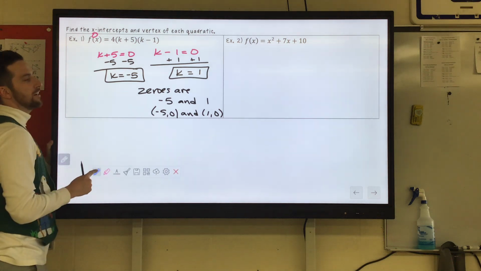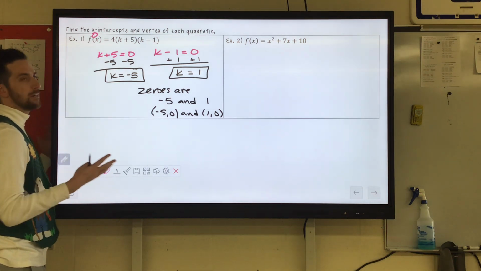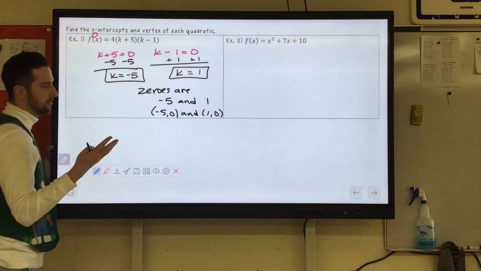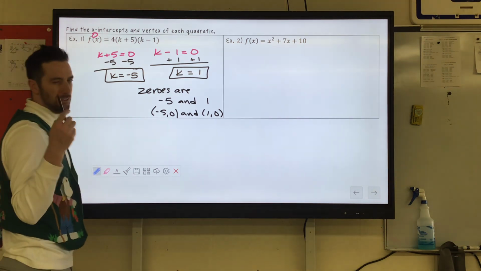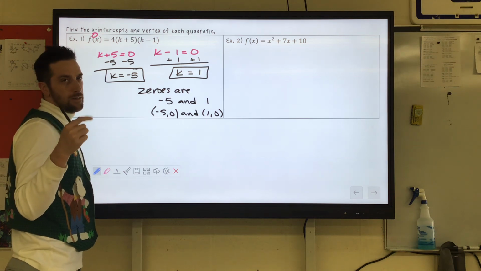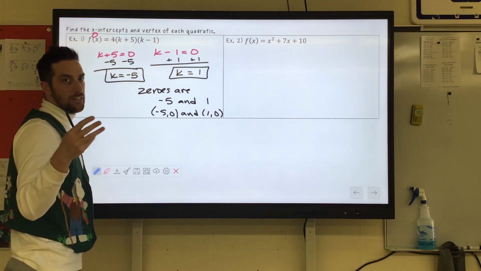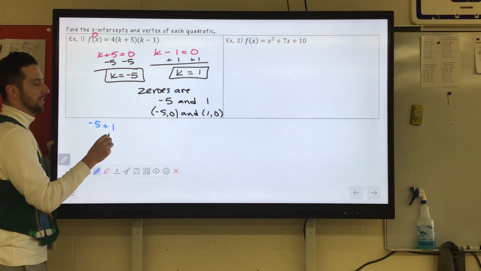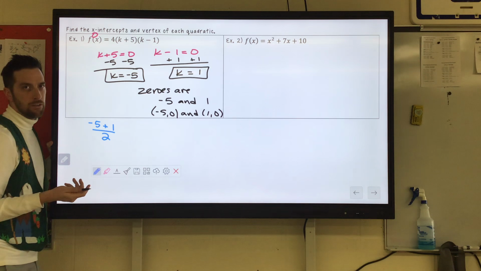So as far as finding the vertex now, you need to find the middle of those two values for x. Well, these are k's, it doesn't matter. If you can't figure out in your head what's in the middle of negative 5 and 1, like when you do mean, median, mode and you're finding the middle, you can always just add them together and then divide by 2, and that'll find the middle for you.